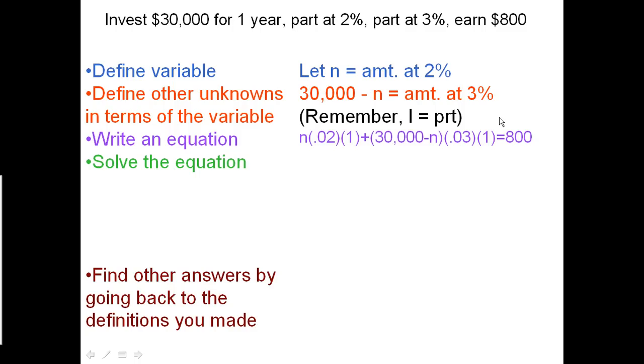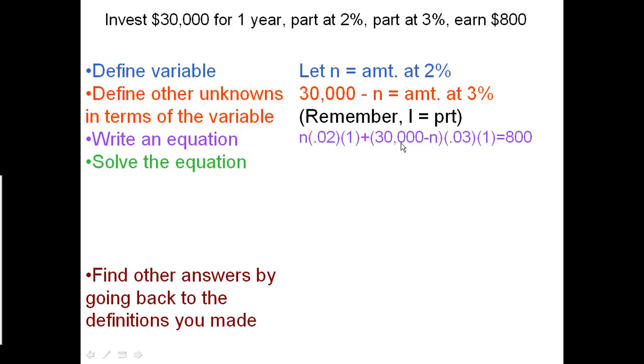So we're going to write an equation. Here's the equation. This is the PRT for the amount invested at 2%. So I invested n dollars, that's the P, the principal, at 2% for 1 year.